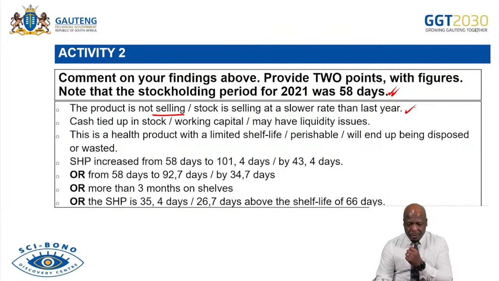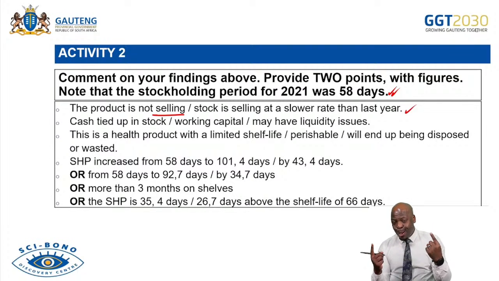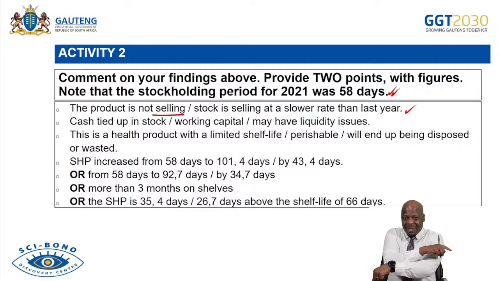You have to know, the longer stock stays in the business, the longer cash stays outside the business, because stock and cash move in opposite directions. When stock is going out, cash is coming in. So when stock stays longer in the business, cash is staying longer outside.